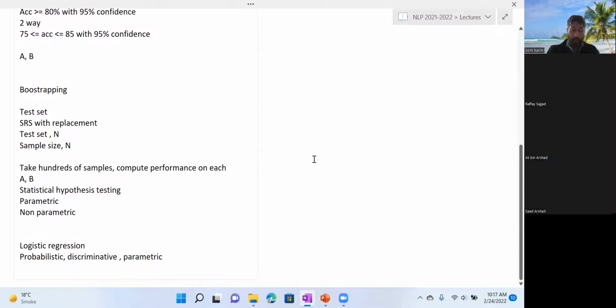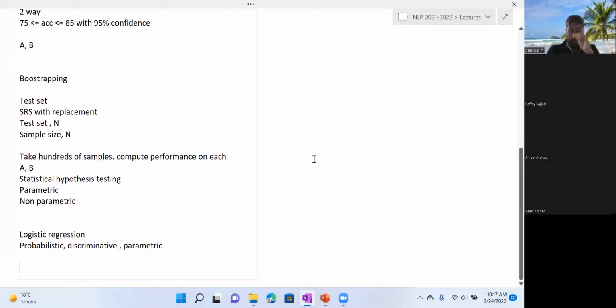Anyway, okay. So what is logistic regression? Remember, we applied the Bayes rule: C given X. X is, of course, the representation for the document. So if you apply the Bayes rule, you get probability of X given C, probability of C, divided by probability of X. So this is the Bayes rule applied.